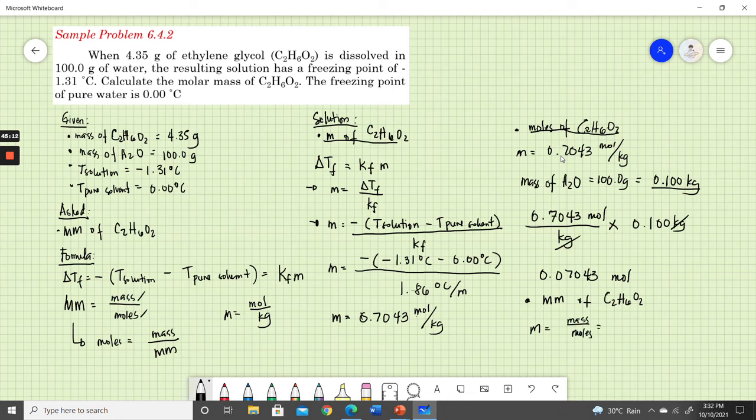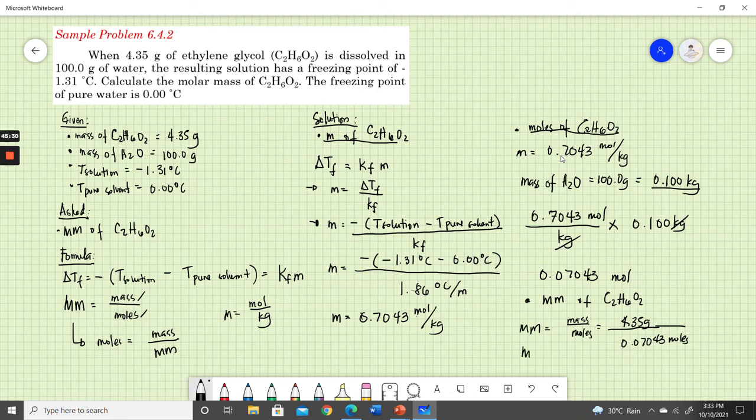And the mass given by the problem is 4.35 grams. And yung moles, yung nakuha natin kanina, is 0.07043 moles.